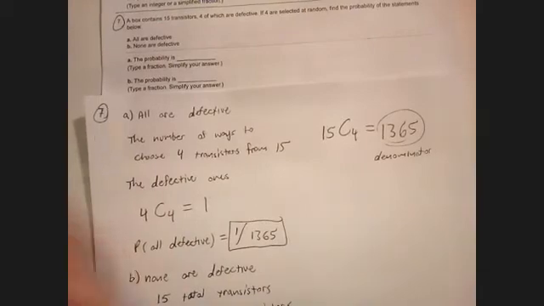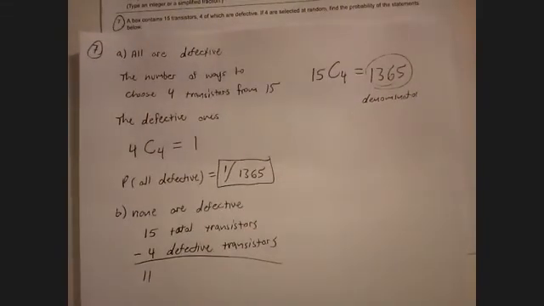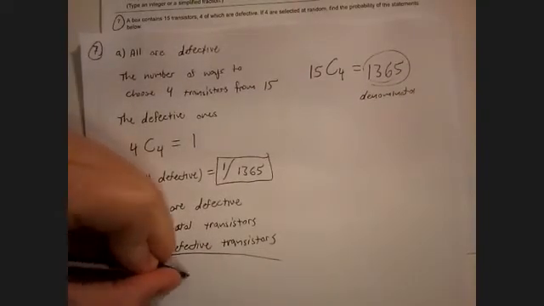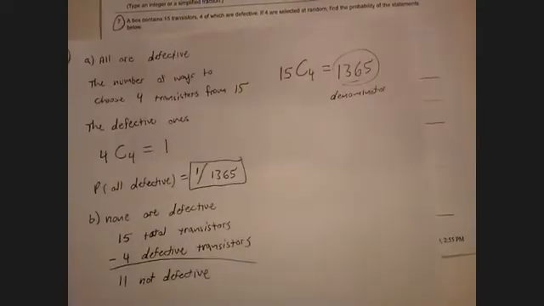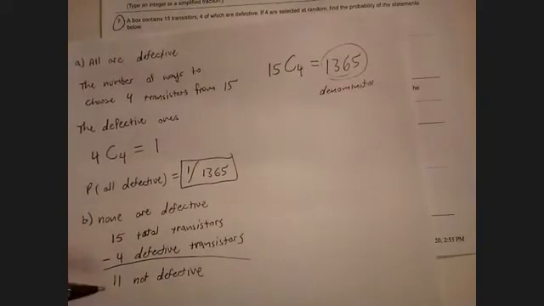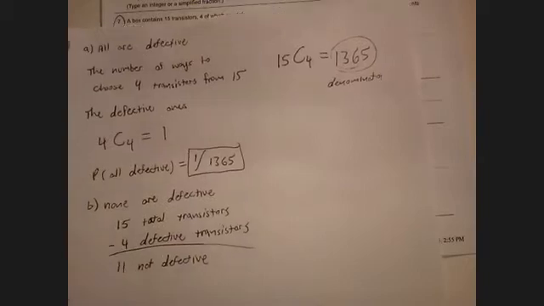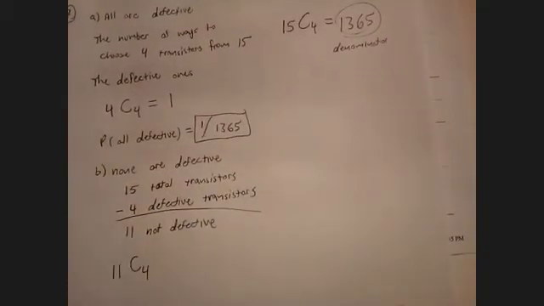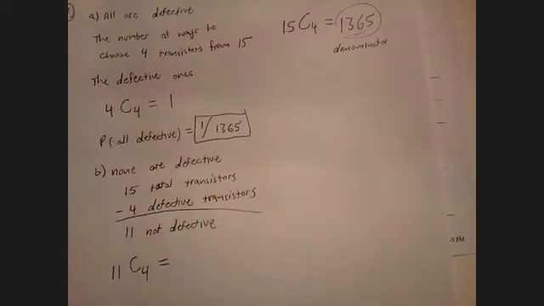There are 11 good transistors that we can choose from. These 11 are not defective, and we want to choose 4 of these. So 11 choose 4. Okay, we can type that in.